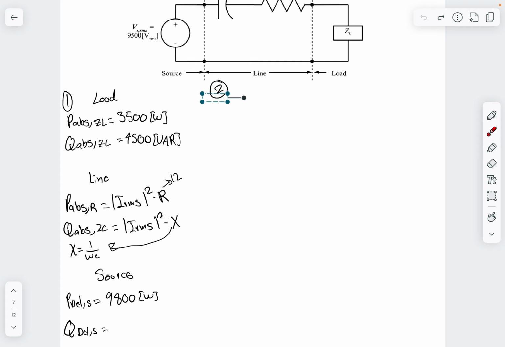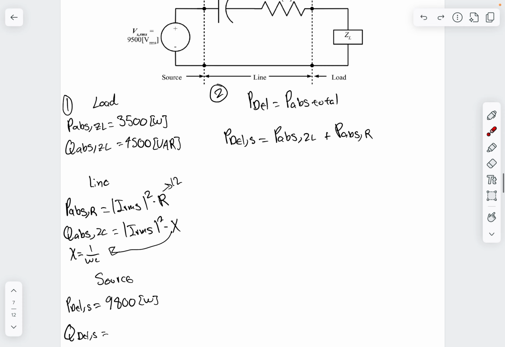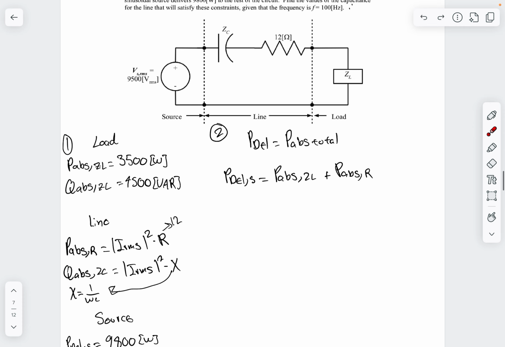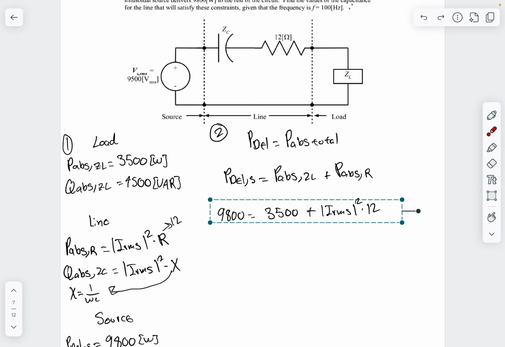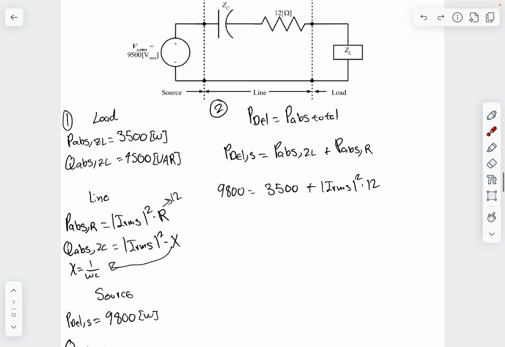And for our second step, we're able to use that power delivered is equal to the total power absorbed, which in this circuit means the power delivered by the source is equal to the power absorbed by the load impedance plus the power absorbed by the resistor. We plug in the expressions and the values that we have. That is 9,800 is equal to 3,500 plus the magnitude of the current squared times 12.